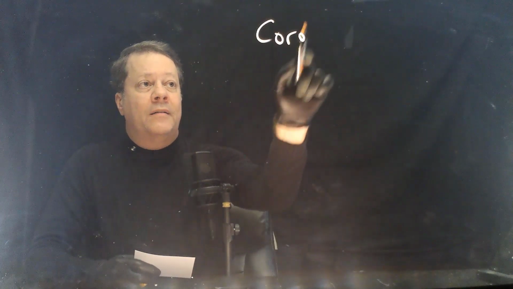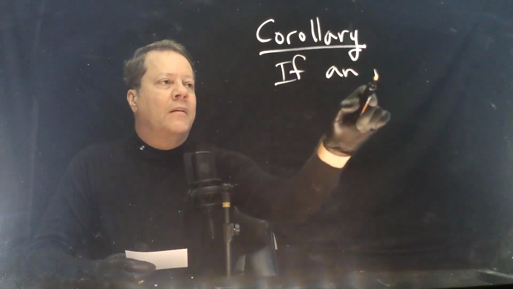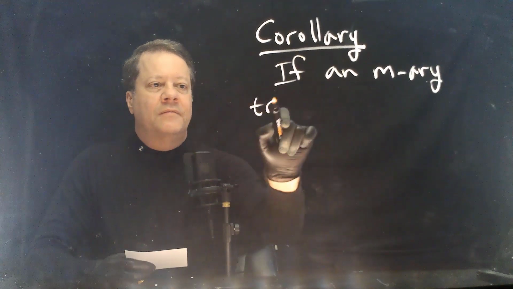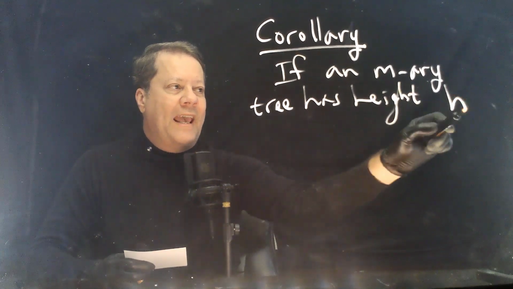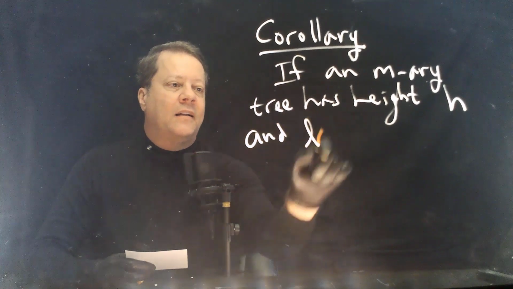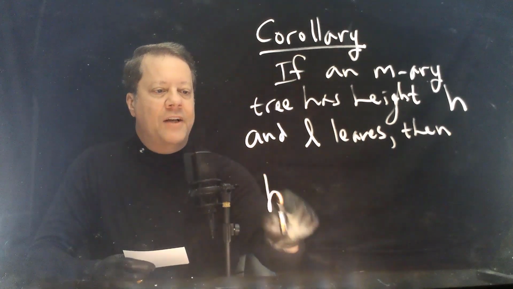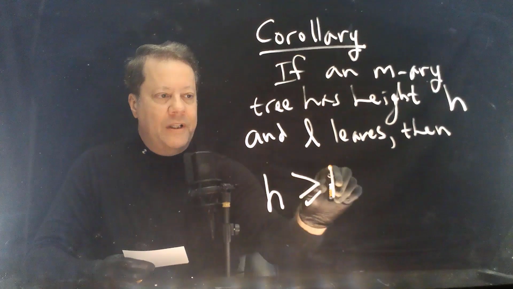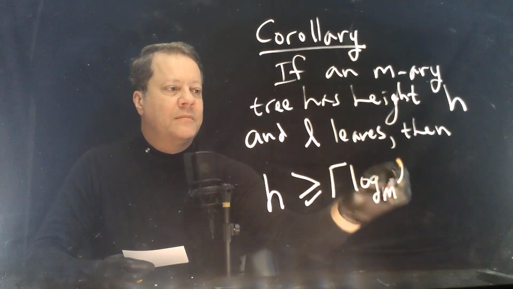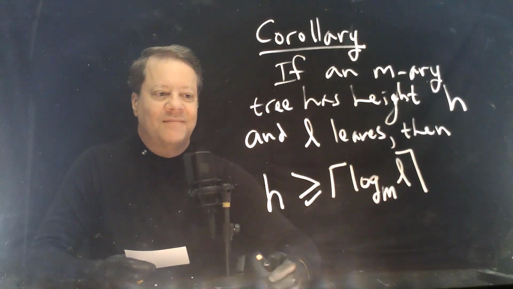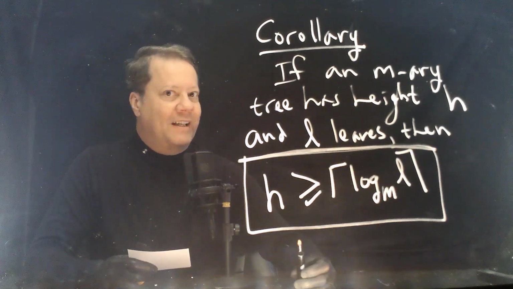As a corollary to our last theorem, if an m-ary tree has height h and L leaves, then h is greater than or equal to the ceiling function of the log base m of the number of leaves L. How's that for an interesting estimate?